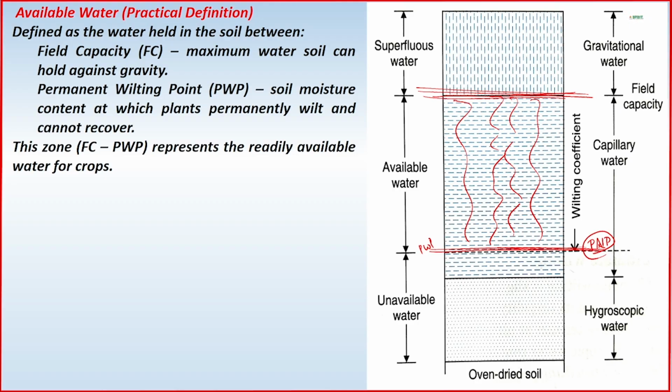What do you mean by permanent wilting point? It is the soil moisture content at which plants permanently wilt. Wilting means the plant becomes dry and is dying, and it cannot recover even if you pour water, because of the lack of sufficient water availability for the roots.